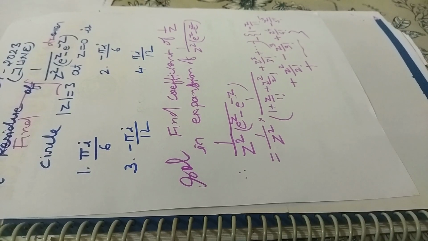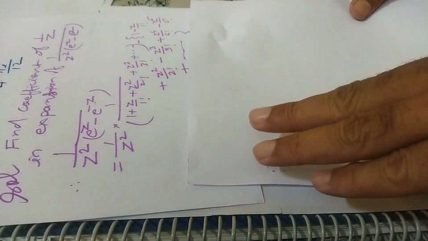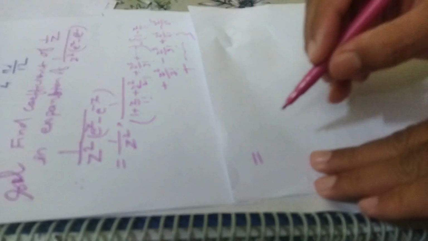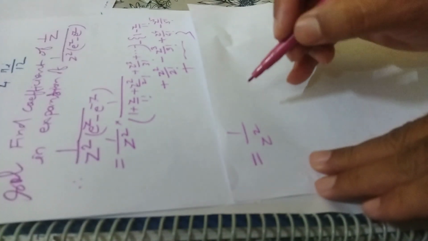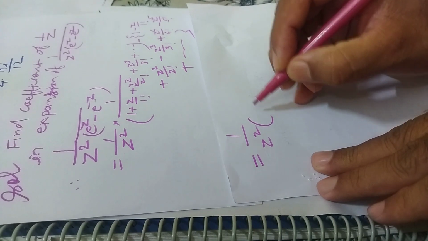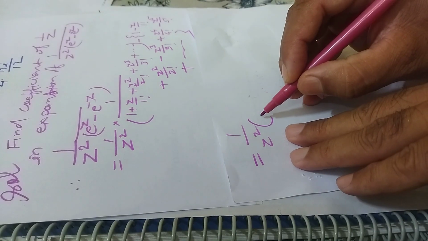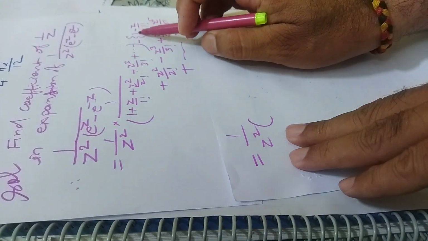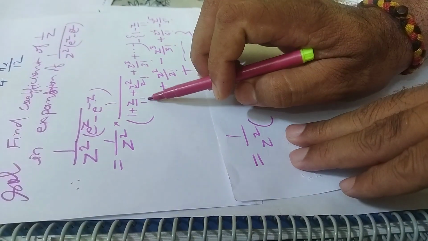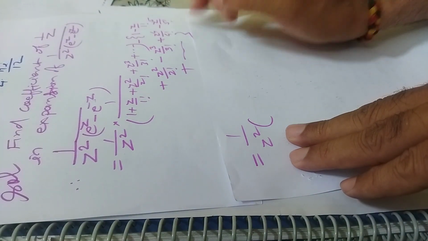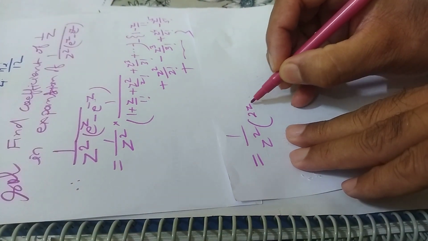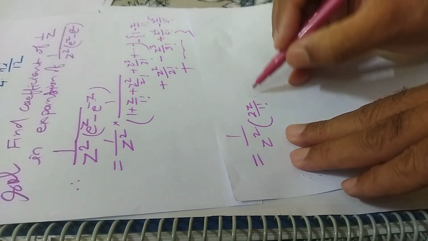We will open the bracket. Equal to 1 upon z square in the bracket. If we open the bracket, what will happen? 1 and 1 cancel out, z upon 1 factorial plus z upon 1 factorial, that means 2z upon 1 factorial.